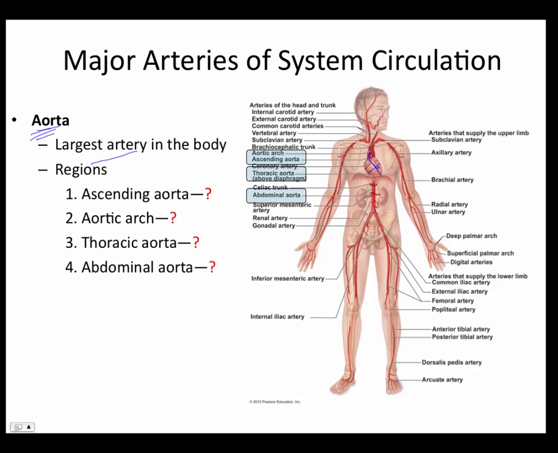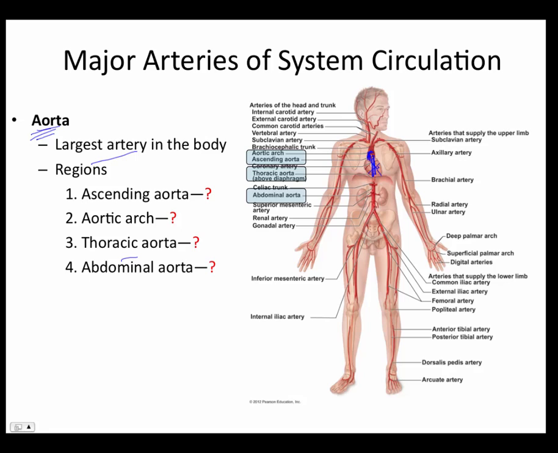And our aorta is going to be broken down into different regions. We have the ascending aorta, so that's the initial region over here when our aorta is going up. When it arches towards the left, this is the aortic arch. And then when it descends, this is going to be the thoracic aorta.